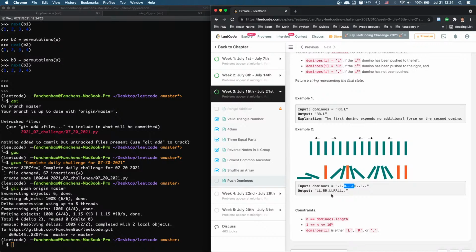We need to record the current position. If I push left, and when I pop, right, we need to record the current position. I record this position, and then when I'm pushing right, everything in between this and this will be standing still.